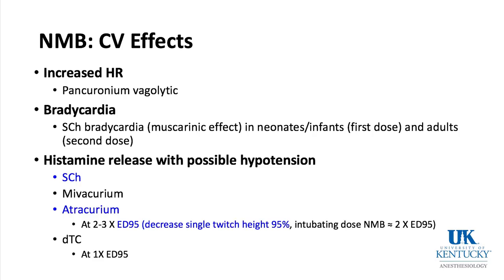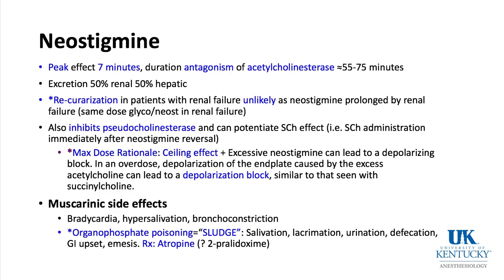That's the way it's established. Determine how much it takes to reduce twitch height 95%, and 2 times that is the intubating dose. So if someone asked you what is the ED95 of pancuronium or vecuronium or rocuronium, you'd take the intubating dose, which you remember, and take it in half, and that would be the ED95.